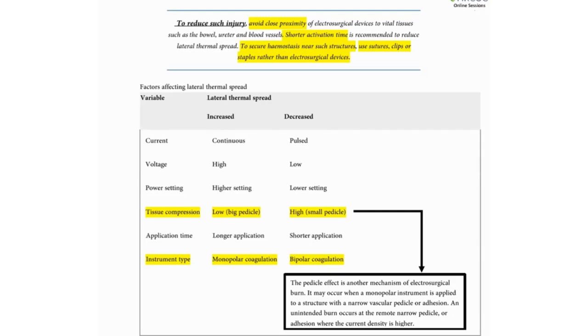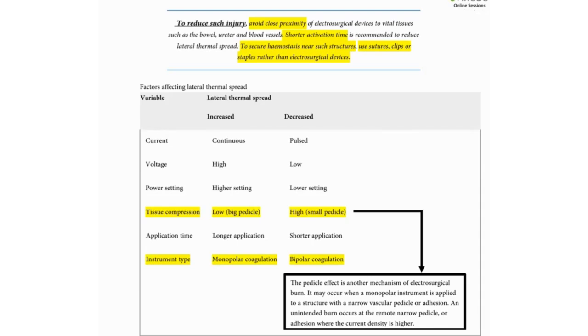Got it, guys? Here are the factors that affect the lateral thermal spread, according to which type of diathermy you are using. It will differ, of course. Again, you have what we call tissue compression, which is a very important factor. How so?